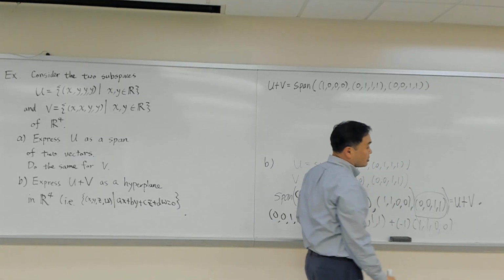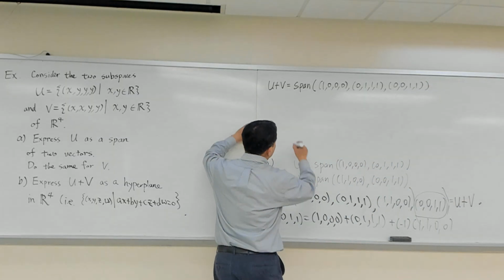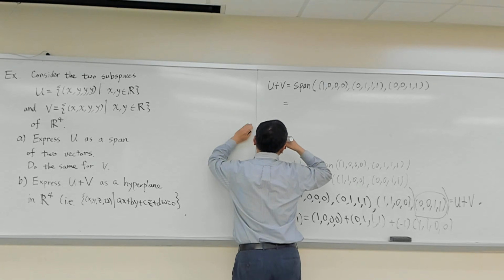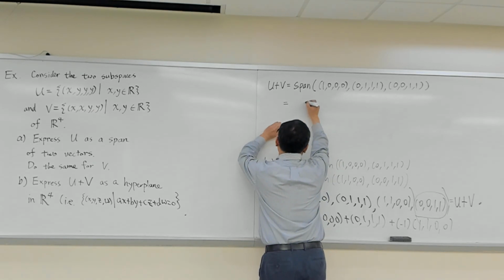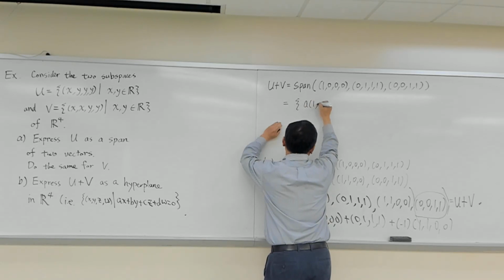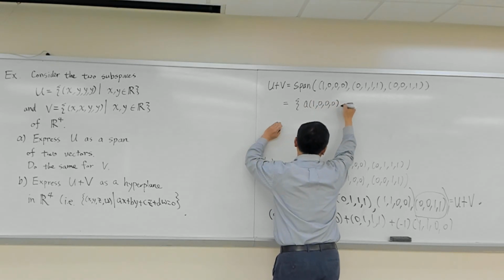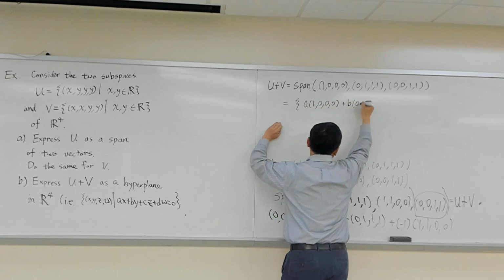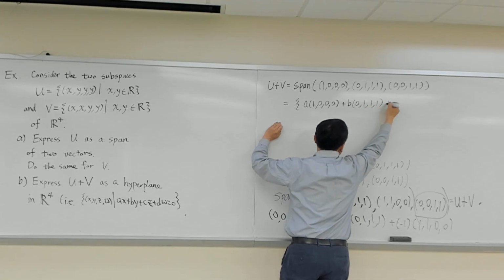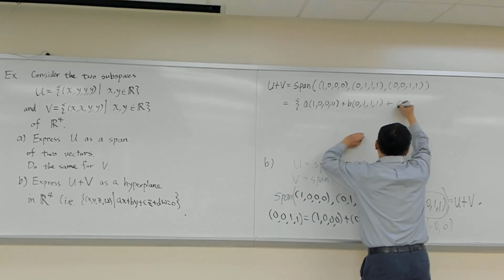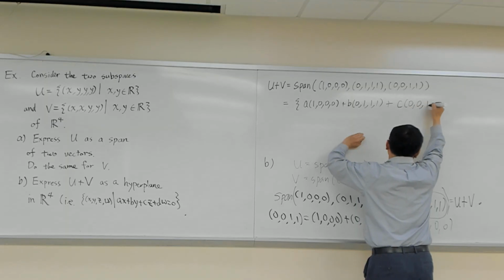Okay? In other words, this is the same as the collection of a times 1, 0, 0, 0 plus b times 0, 1, 1, 1 plus c times 0, 0, 1, 1.